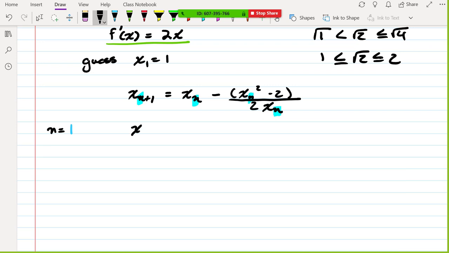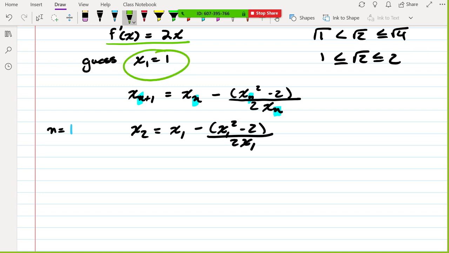And if I do that, 1 plus 1 is 2. So x sub 2 is x sub 1 minus x sub 1 squared minus 2 all over 2 times x sub 1. And our guess, x sub 1, is this.